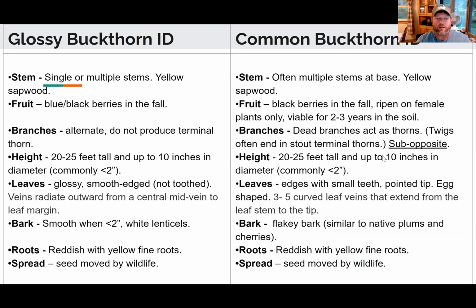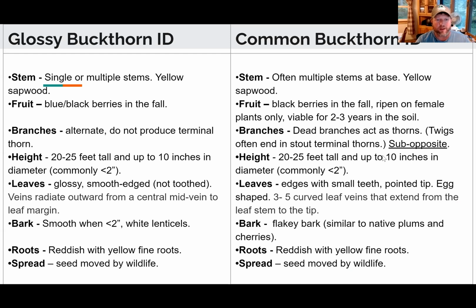The fruits on glossy buckthorn can be bluish and kind of blackish or almost red before they mature to their blue-black color, whereas the fruits on common buckthorn are blackberries in the fall, and they ripen only on female plants. And berries for both common and glossy are viable in the soil for 2 to 3 years.